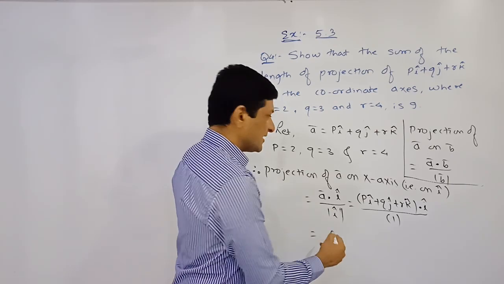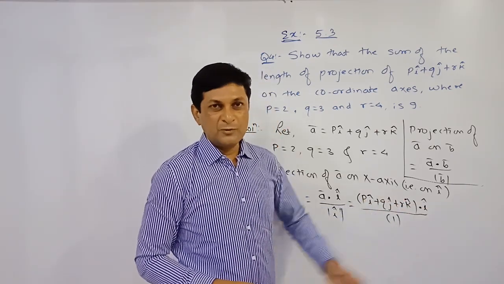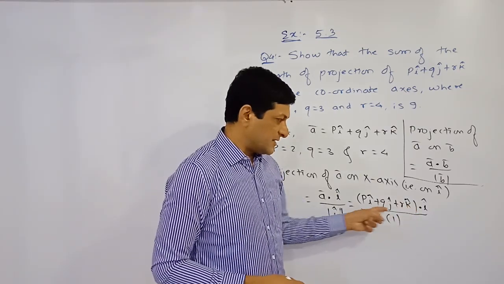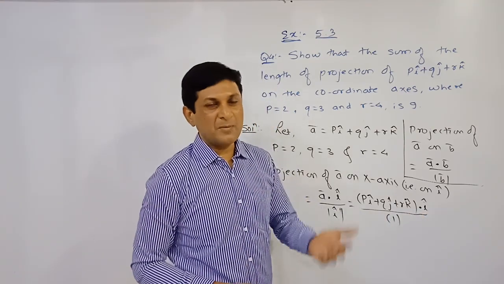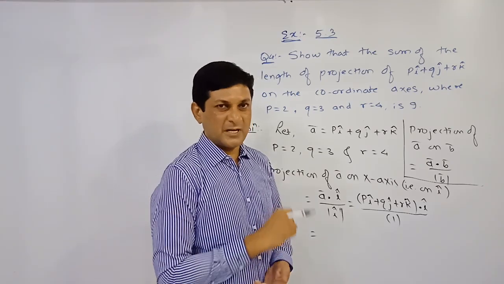Now in the numerator we are finding the dot product of these two vectors. If you observe the numerator, both vectors are in Cartesian form, that is, in terms of I cap, j cap, k cap. And we know how to find the value of the dot product.